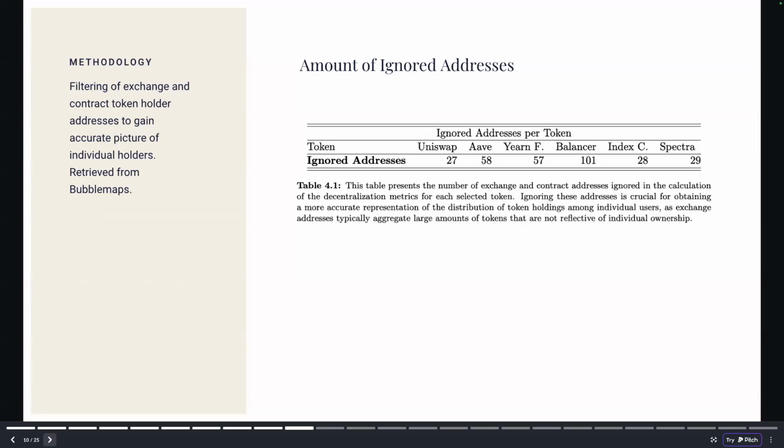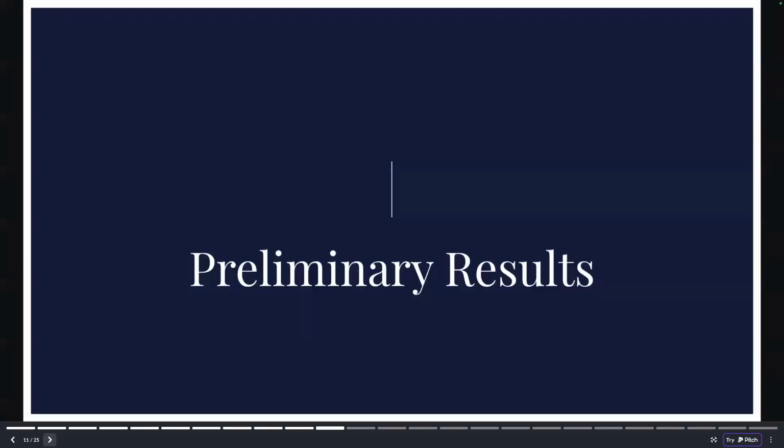Exchanges like Coinbase usually have the tokens sourced in one wallet address, and there are many time lock contracts that are usually part of the team or other entities that need to be counted out in order to assess an accurate picture of the actual individual holders, which is important in order to assess the concentration of control, for example.